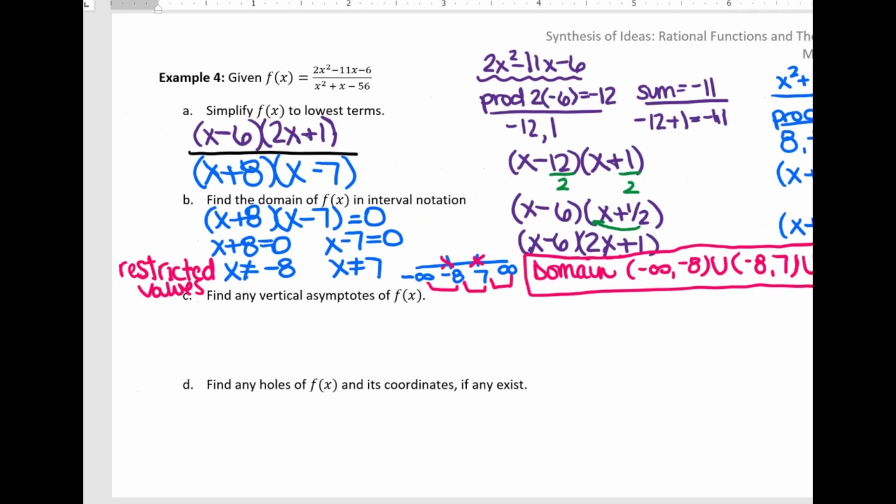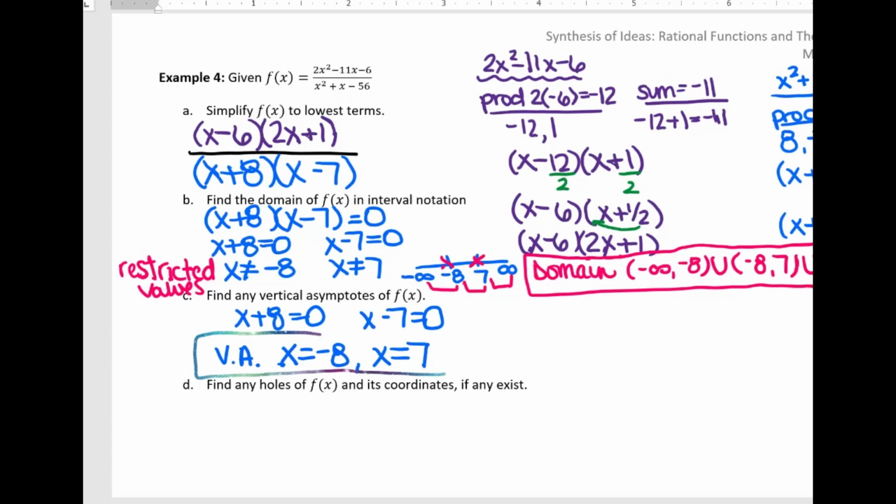These are both left in the denominator, setting each one equal to 0. We find out that we have vertical asymptotes, VAs, of x equal to negative 8 and x equal to 7. So in this case, we have two vertical asymptotes.